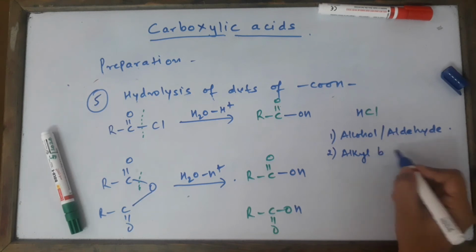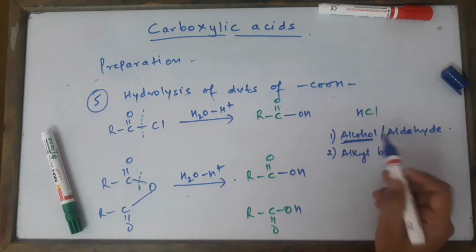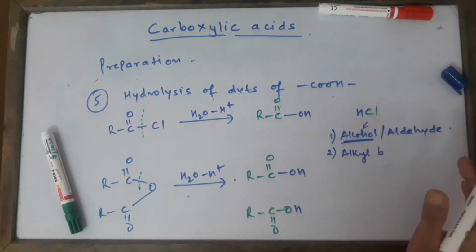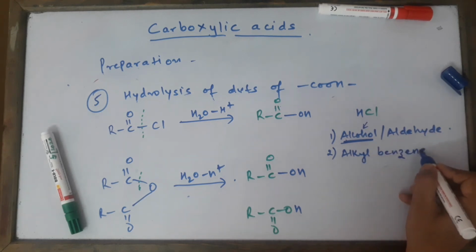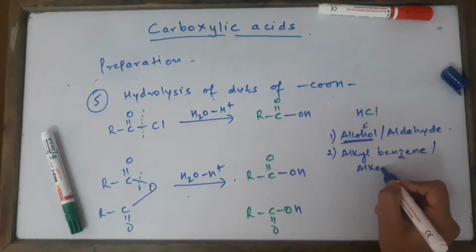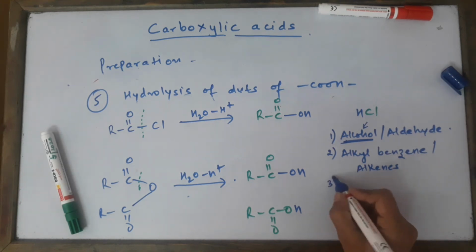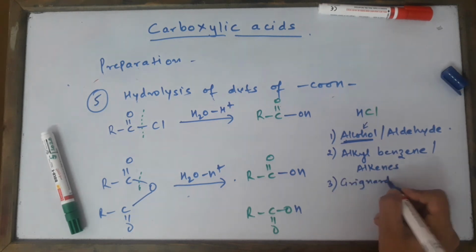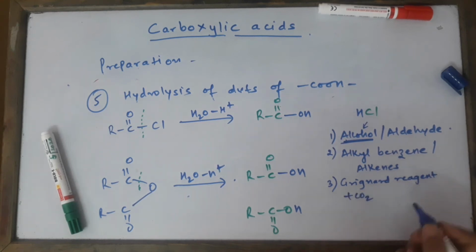Then for alcohols, I'll not be preferring the acidified method in this case, you remember, because we get ester there. So in this case of alcohols, I'll be using the alkaline KMnO4 method. The second method was alkyl benzenes and alkenes, carrying out their oxidation with the same reagents, that is alkaline KMnO4 or acidified KMnO4 and so on. The next we saw was that Grignard reagent can also be used to convert them into acids by adding carbon dioxide to them.